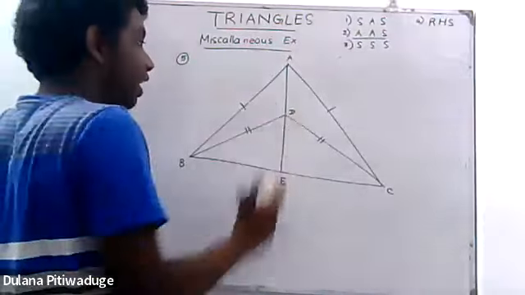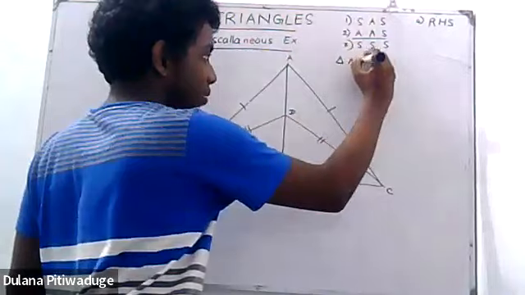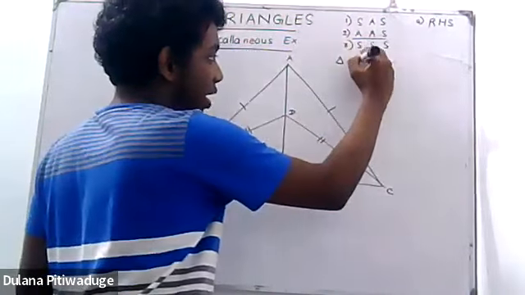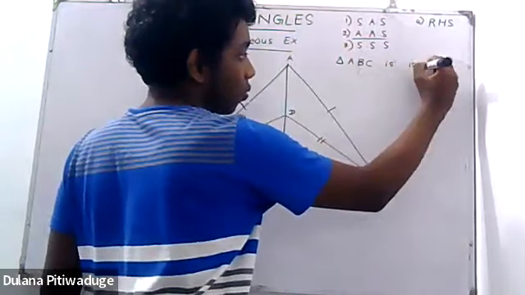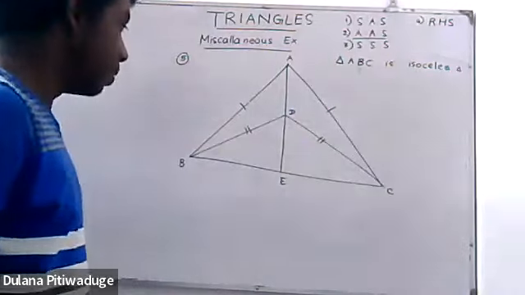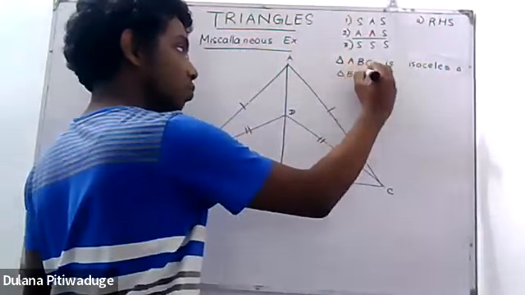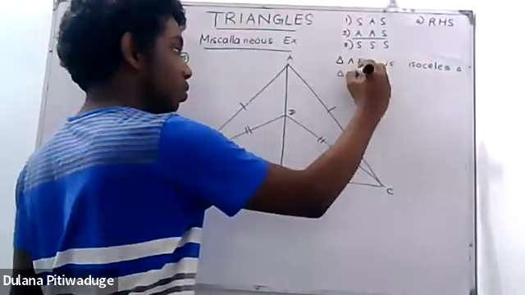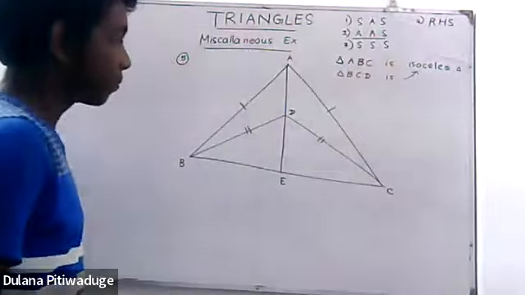So by that data itself, we can say that triangle ABC is isosceles triangle. And that triangle BDC, or BCD, is also an isosceles triangle.